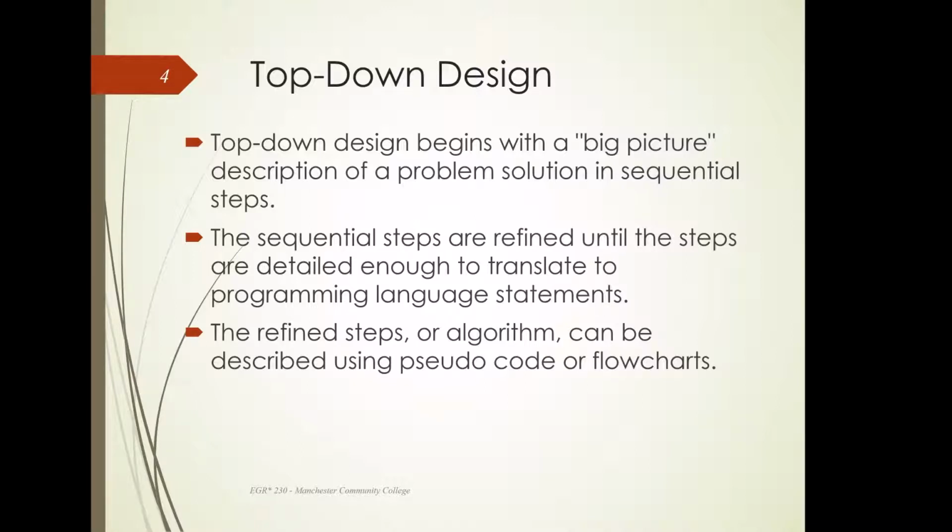Like the basic example I talked about, whether or not you can join AARP. The first statement could be, write a program that displays a message: if certain conditions are met, you can join the AARP, or if not, you cannot join. So what are the things you would need to do?